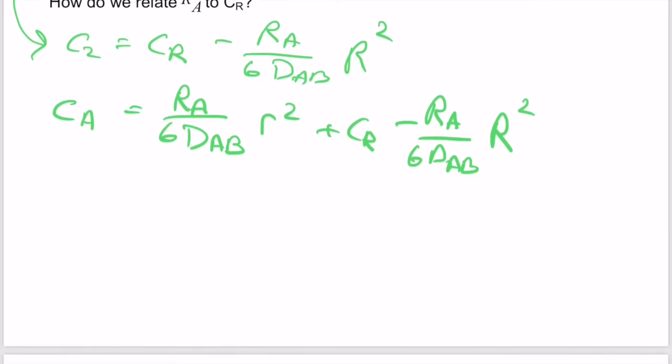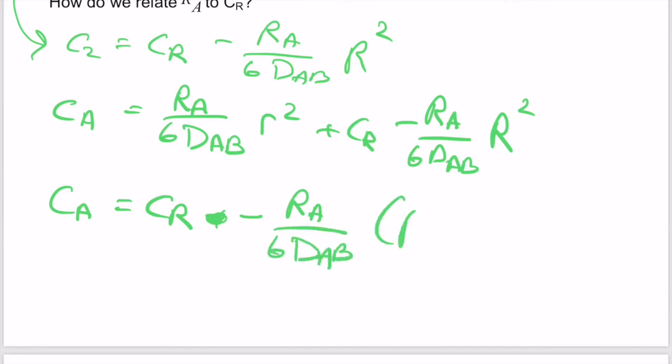And you can make this as pretty as you want. I would love to pretty this up a whole lot to make it more beautiful, but I'm going to refrain from that. I'll just say CA equals CR plus RA over 6 DAB times big R squared minus little r squared. Okay. And again, that only applies to inside the sphere now.